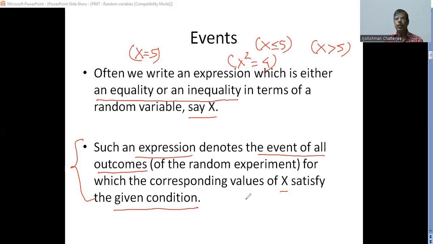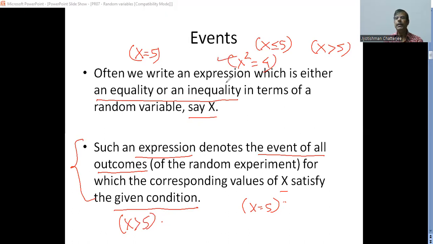In other words, X equal to 5 is actually an event, and it means all the outcomes whose corresponding X values are equal to 5. When we write X greater than 5, we mean the event of all outcomes for which the corresponding X values are greater than 5, and so on.